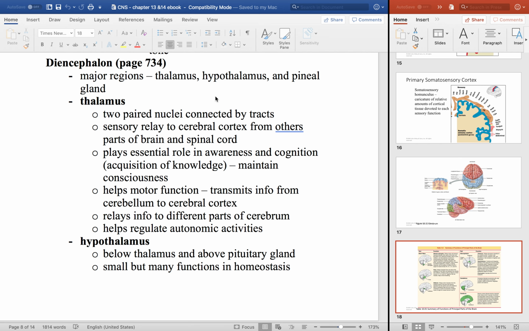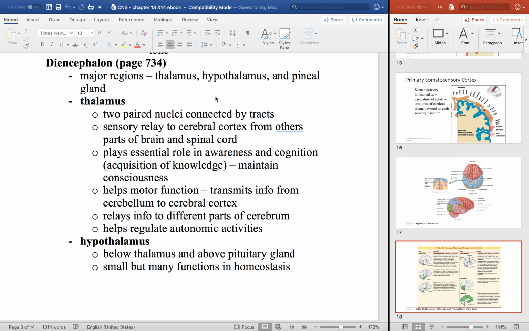It also plays a role in the RAS system, but the midbrain plays a bigger role. But the thalamus also helps decide what is important and what's not. Like I said, it helps take things down to the motor function, so it transmits the commands from the cerebral cortex all the way down to the cerebellum and back.